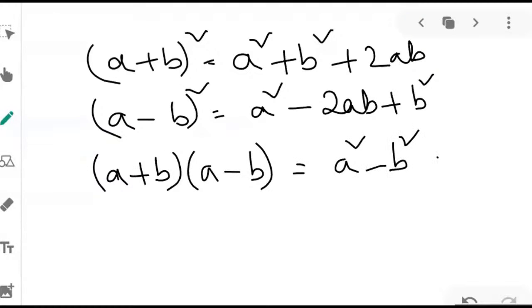These are like the Holy Trinity. Very important. Note them down in the first page of your notebook because they are very, very important.